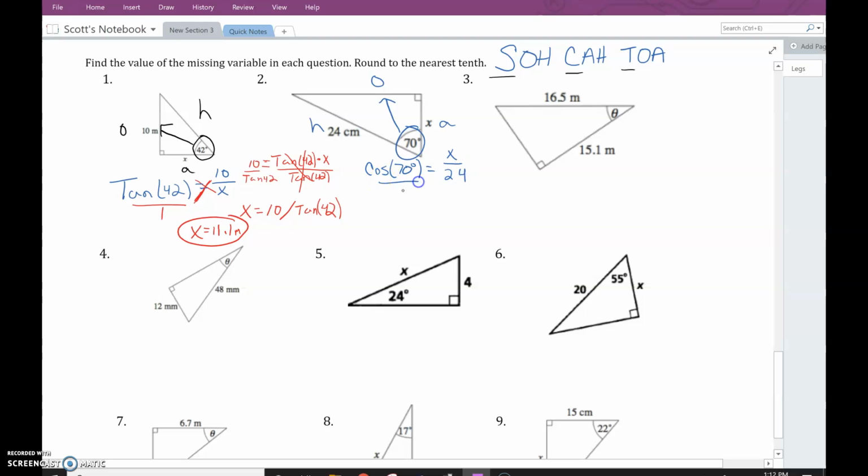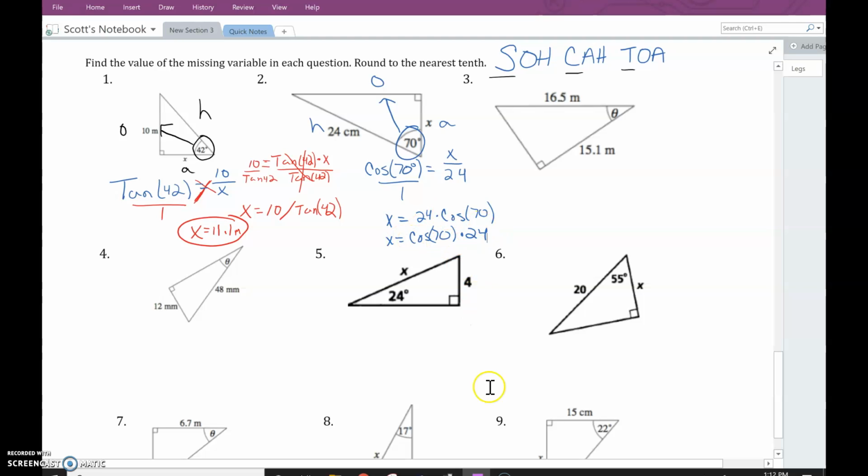From there, I can cross multiply. 1 times x is x, and 24 times cosine 70 is just 24 times cosine 70. I could do cosine 70 times 24 as well. So x equals cosine 70 times 24. Just make sure you close that parenthesis in your calculator.